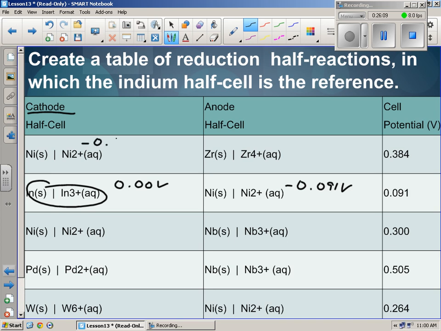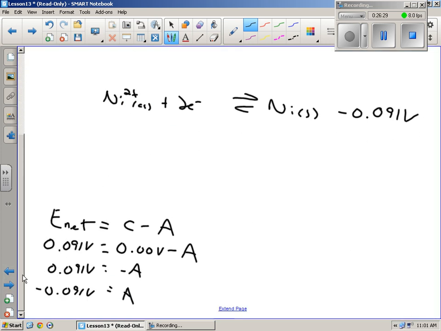This is a negative 0.091 volts compared to the indium, right? But how is that going to compare with the zirconium if I use these two? Cathode minus anode has to give me the positive 0.384. So back to the formula again, right? And you can keep doing this over and over here.